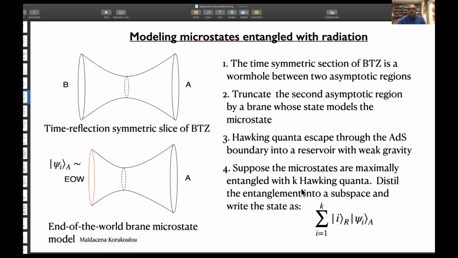So we're going to suppose that the state of the system is some entangled state where the possible states of the radiation, labeled by i, are entangled with possible states of the brane. So we have this entangled state of the radiation plus brane system. That's the combined system. This is in 3D gravity. This is the equal time slice of our black hole with microstates modeled by the end of the world brane, and there is some entanglement between the black hole microstate psi_i and the radiation i.